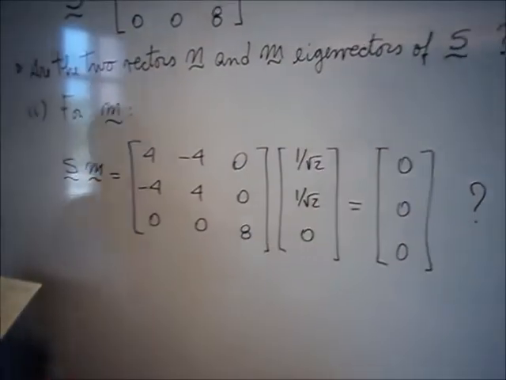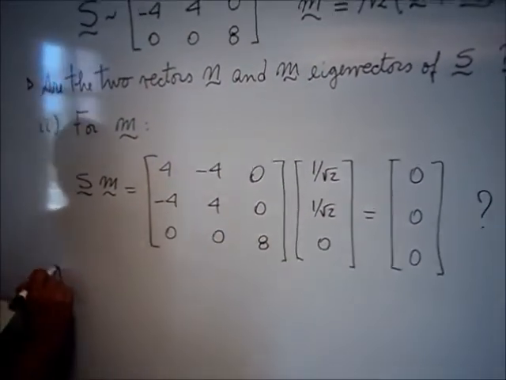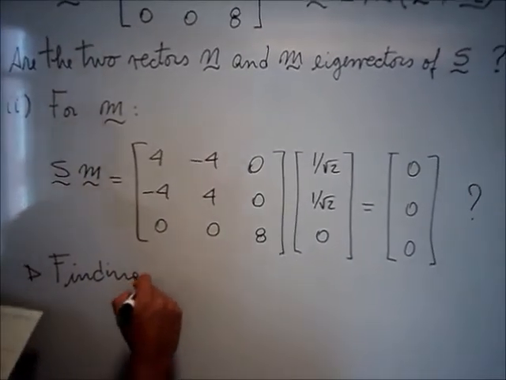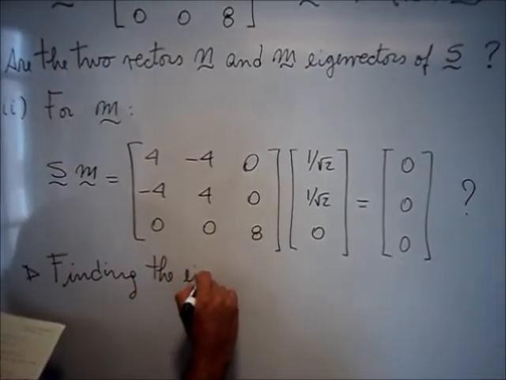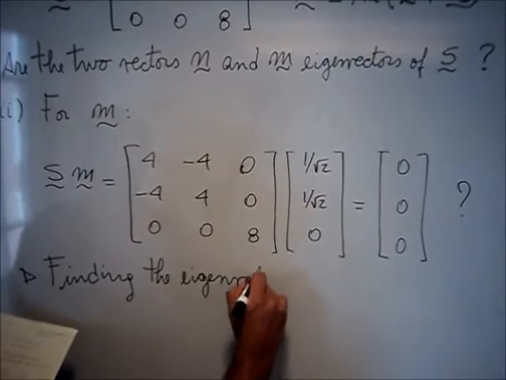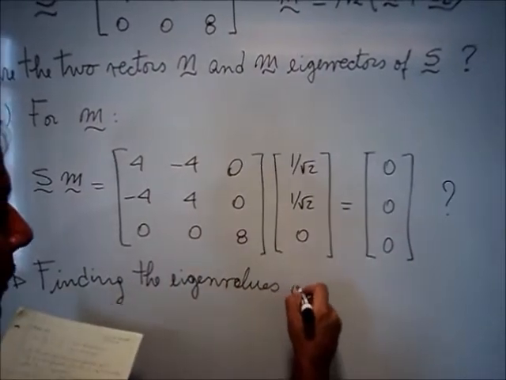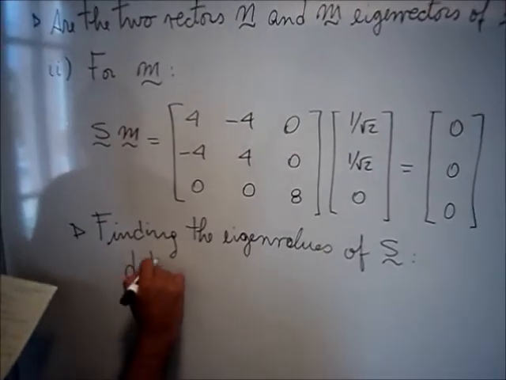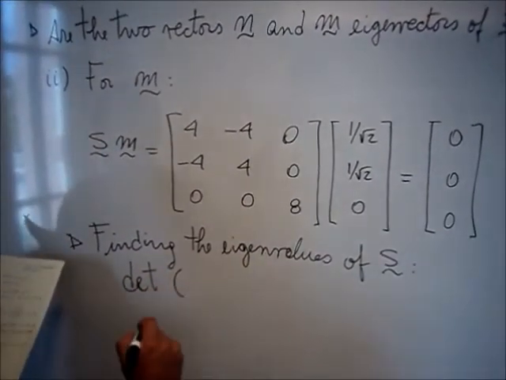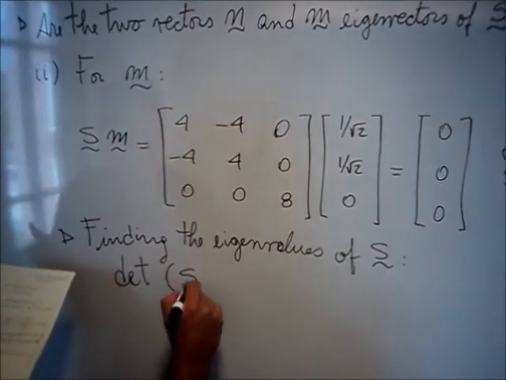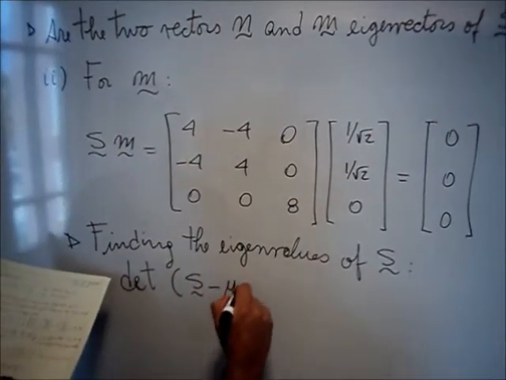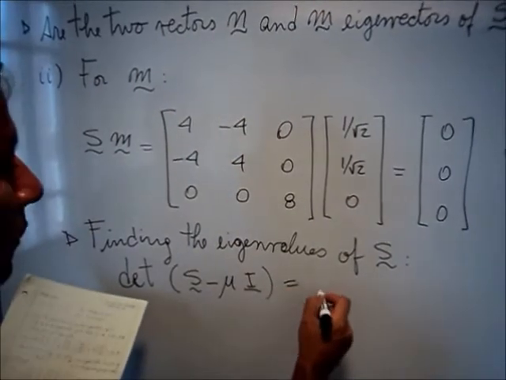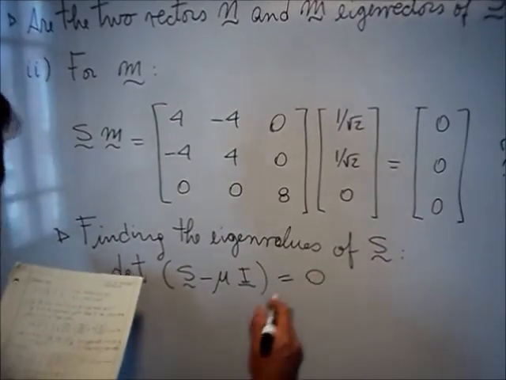So let's do another thing, finding the eigenvalues of tensor S. For that we can determine the determinant of tensor S minus mu times the identity matrix, and set it equal to 0.